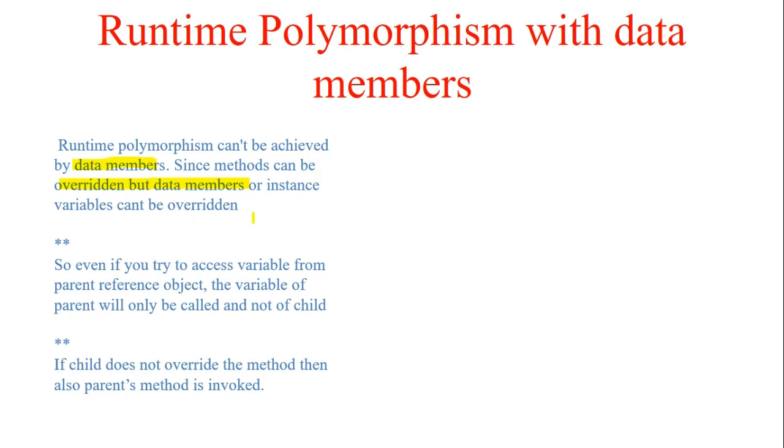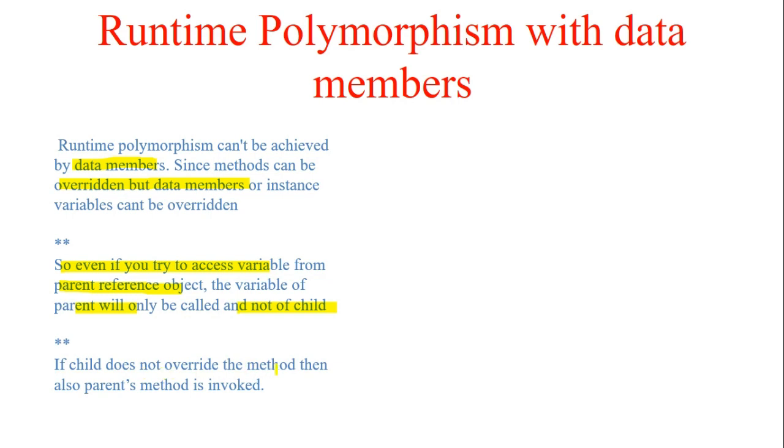But if you access the instance variable with the parent's reference variable, the instance variable of the parent will be called if it is present in the parent, and not of the child, which is not the case in method overriding.